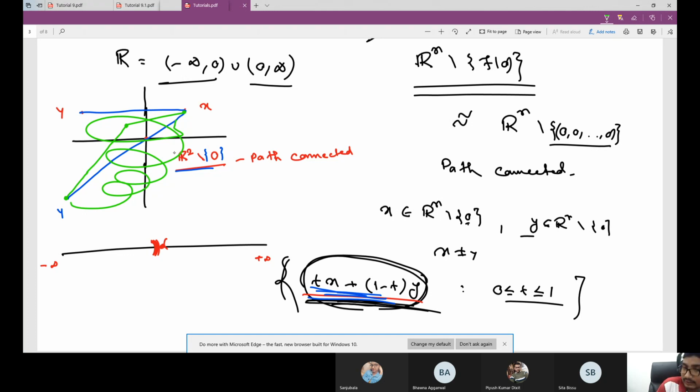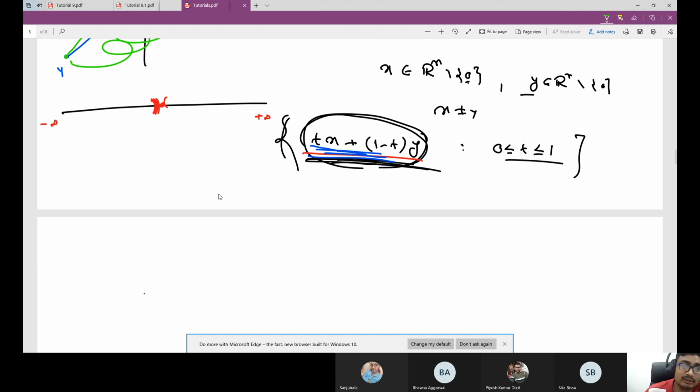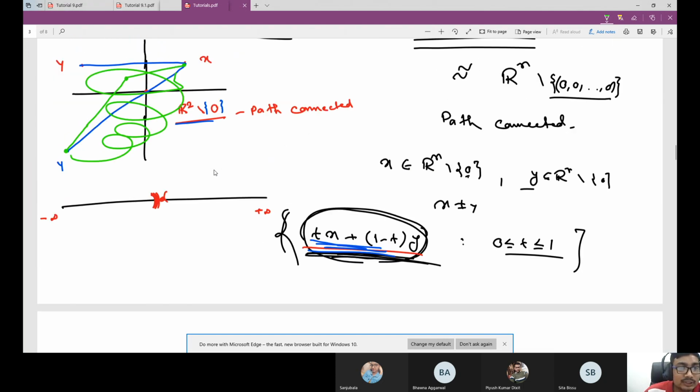So working with lines is relatively easier. That's why I am giving lines here. So this is in fact polygonal connectedness that has been used here.